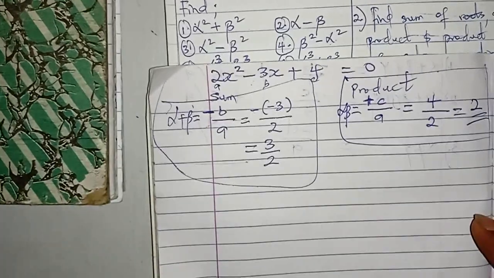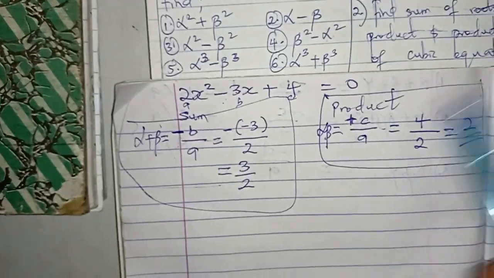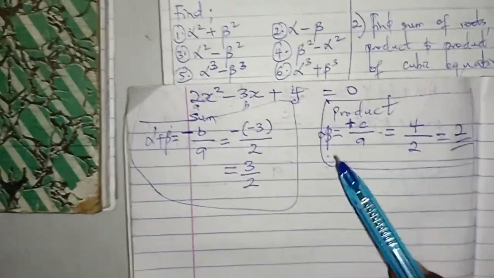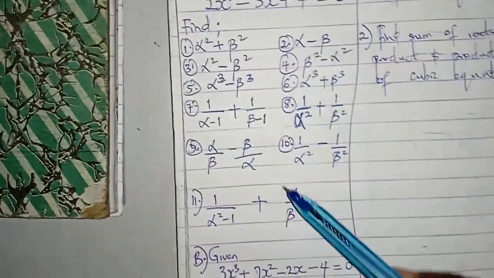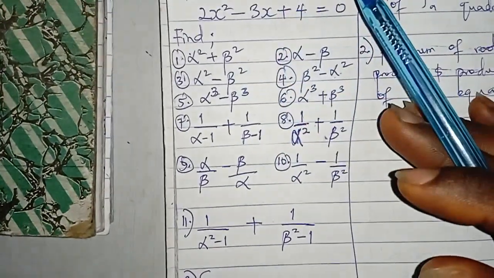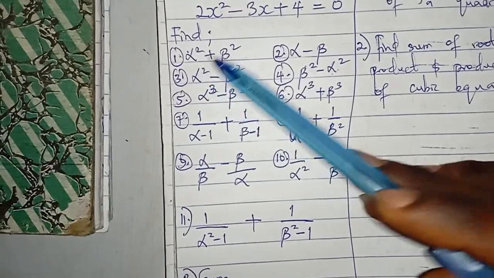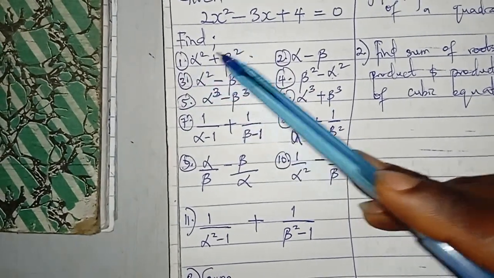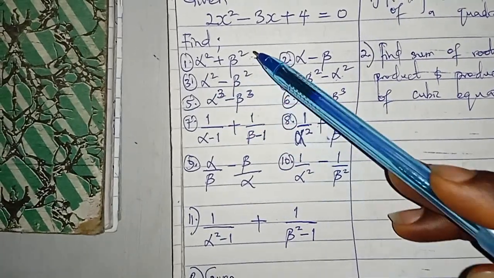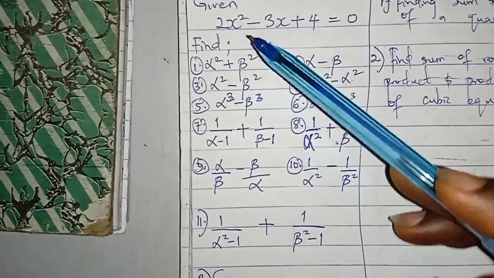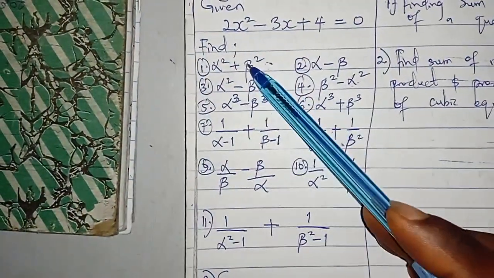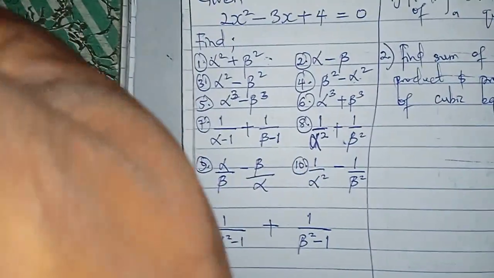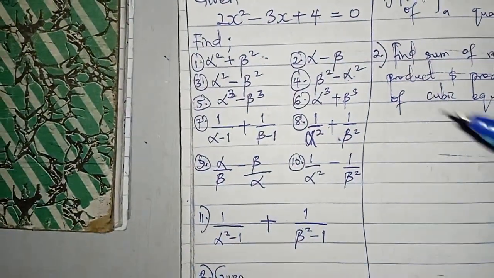Now you need to know that when you are given to find something about the roots of a quadratic equation that is not alpha plus beta or alpha beta, you need to look for a way to convert whatever you are given to have alpha plus beta and alpha beta so that you can use it to solve.